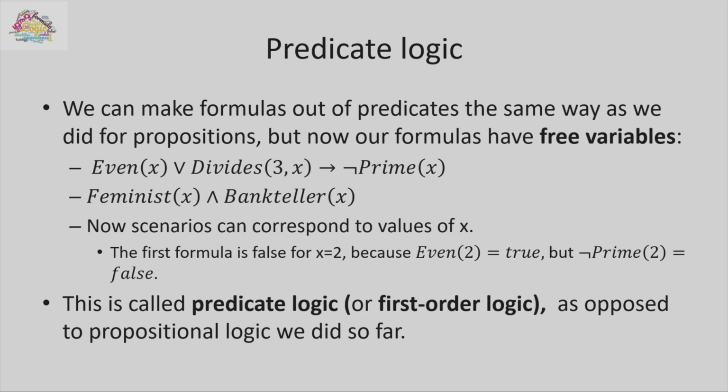We could put in the name of somebody who is a feminist and a bank teller, and it will make the formula true. Or we could put the name of somebody who may not be a feminist, even though they're a bank teller, and the formula would be false.